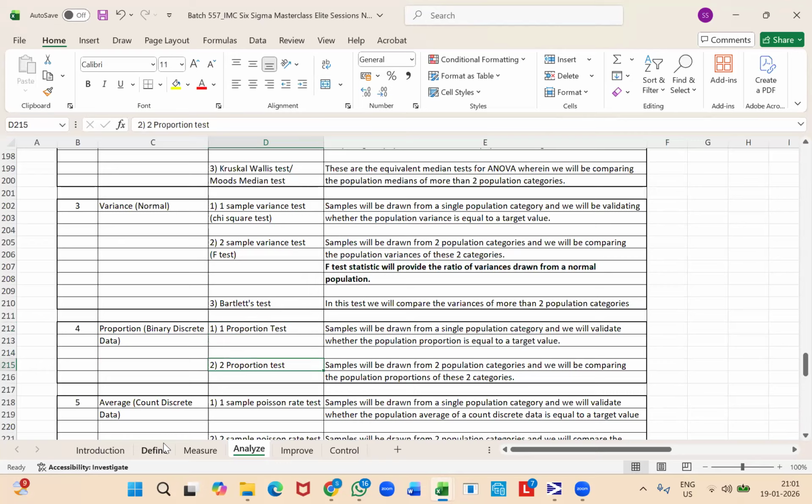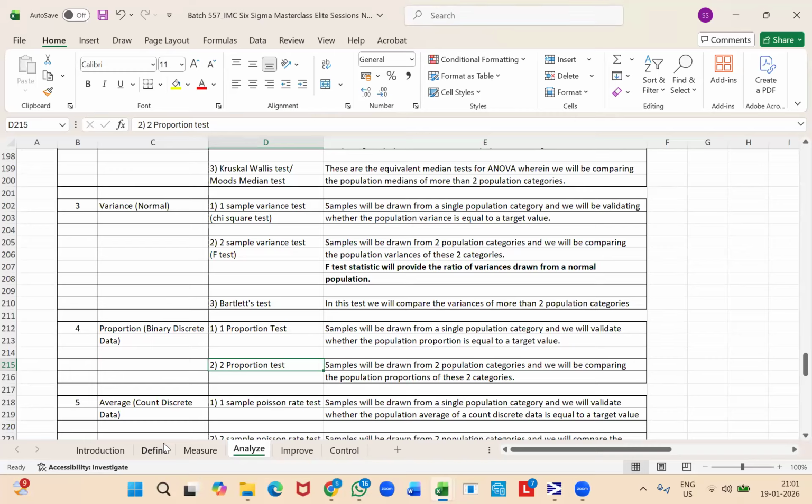And then we have the two proportion test. As the name itself suggests, the samples will be drawn from two population categories, and we will be comparing the population proportions of these two categories. Say, for example, you want to compare the defective proportion of shift 1 and shift 2.